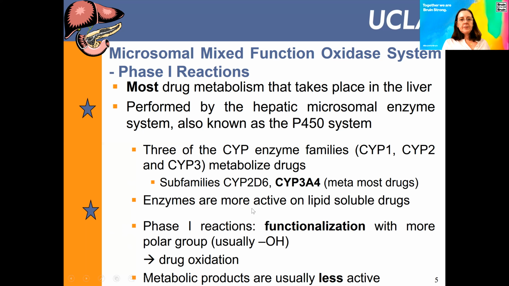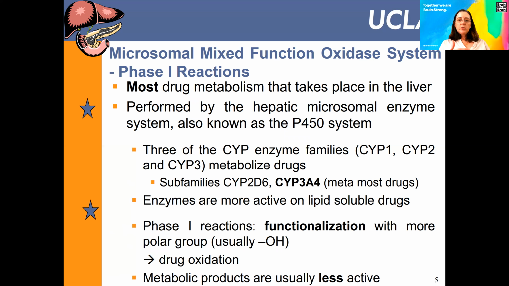And so the enzymes that are performing those metabolizing processes are called the hepatic microsomal enzyme system, and they're also known as the P450 system. There are three main CYP enzyme families, which are CYP1, CYP2, CYP3.